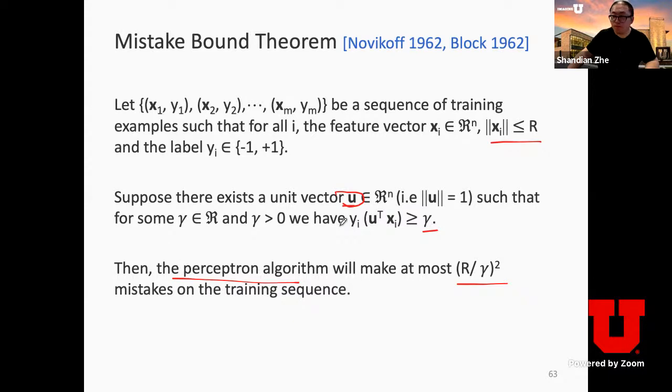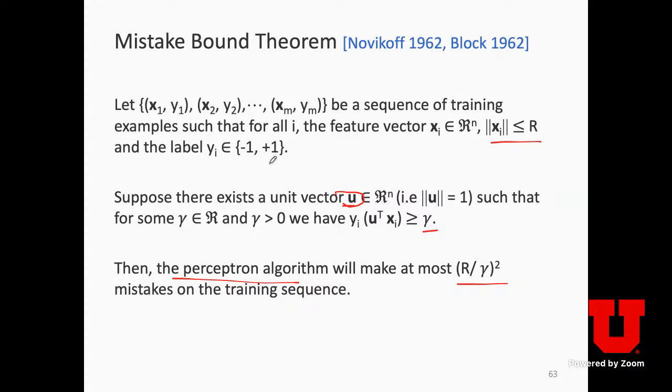Any questions so far? Great. Quick question: u is the target hyperplane we're looking for? No, u is not the target hyperplane.